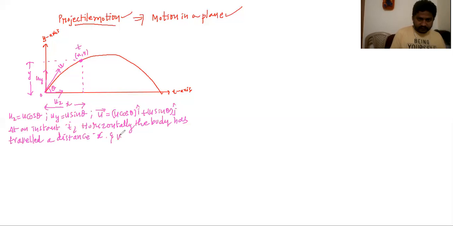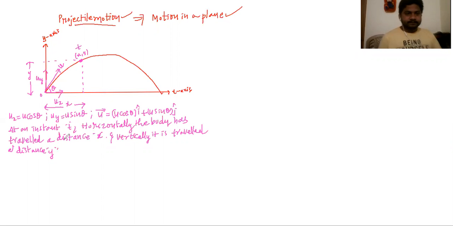And here itself I'll write: vertically, it has traveled a distance y.